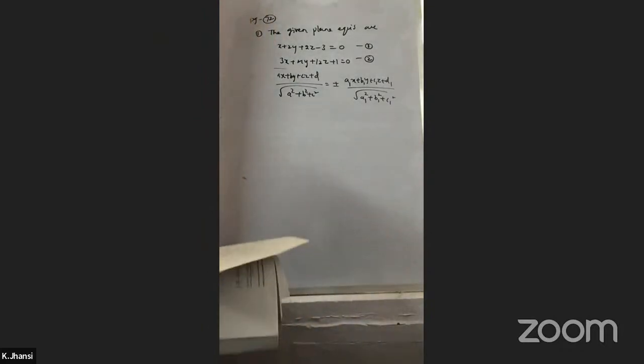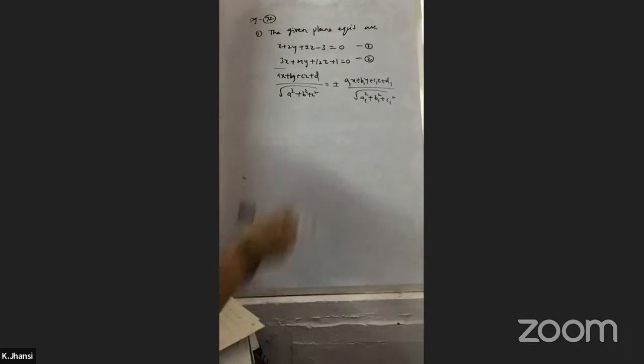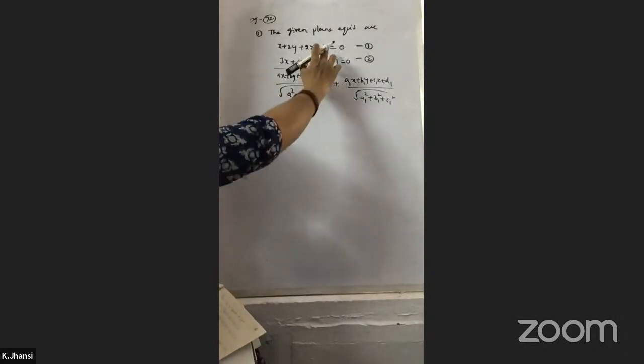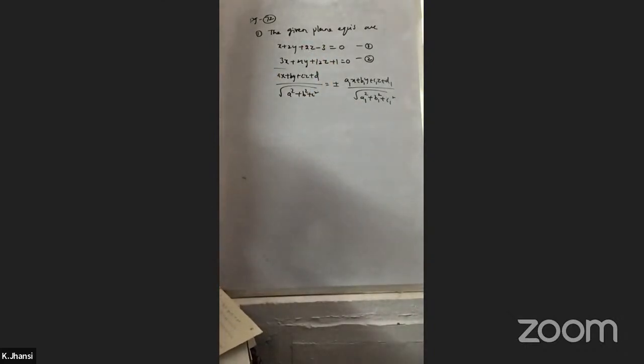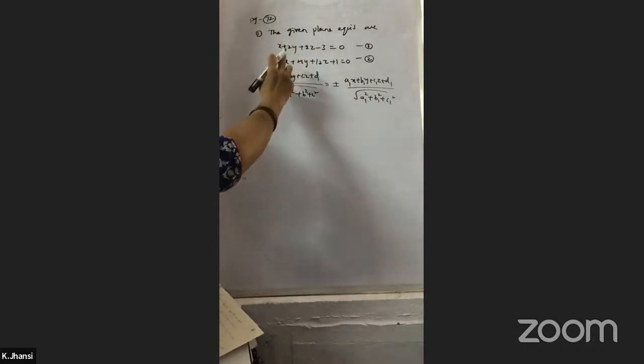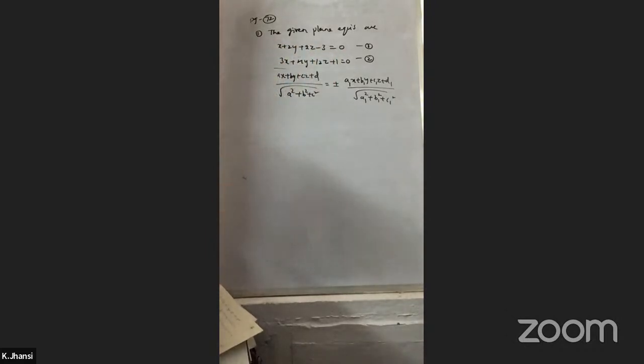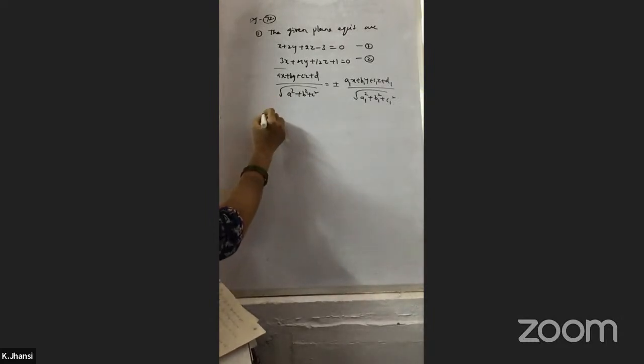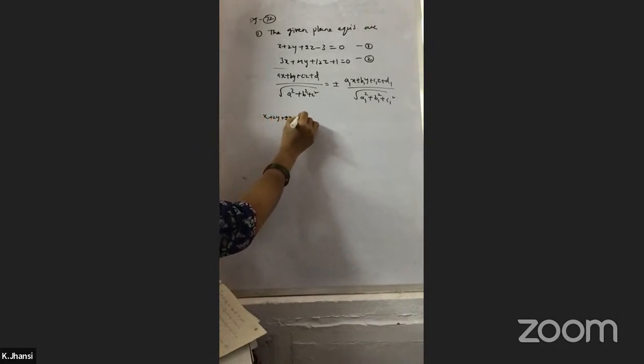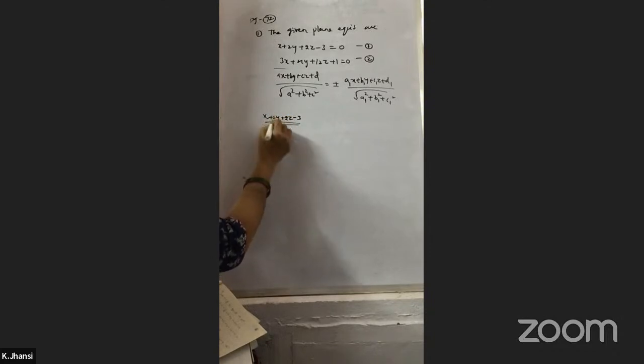Now by taking the first and second plane equations, you substitute in these two formulas. So this is ax plus by plus cz plus d equals to 0. This is a1x plus b1y plus c1z plus d1 equals to 0. Okay. So these two are the plane equations. Now if you substitute here, you will get x plus 2y plus 2z minus 3 by under root of the coefficients of a, b, c whole squares.